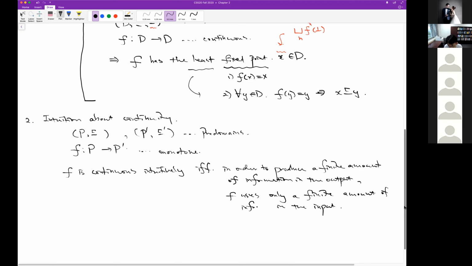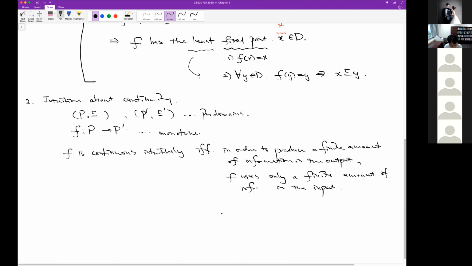So if f maps an infinite stream, say A, B, C, D, and it produces maybe some Korean letters, then if you take a finite prefix of the output and ask how much input is used to produce this finite prefix, if f is a program, it can only look at some finite prefix, because computation should happen in a finite amount of time. That's what this statement is telling us informally.